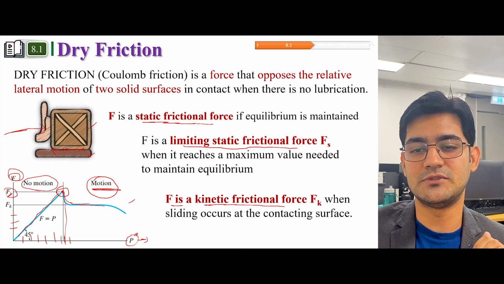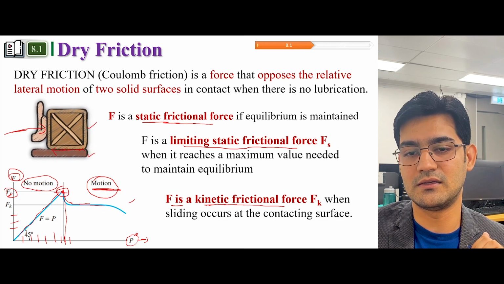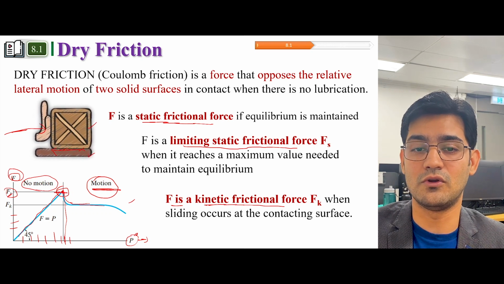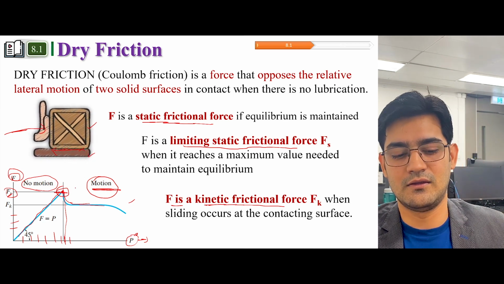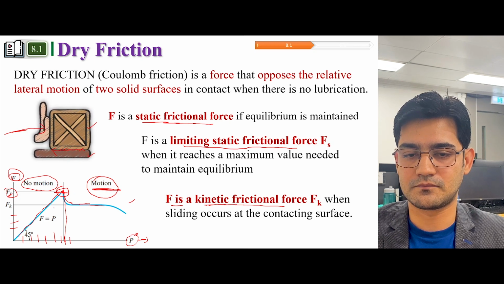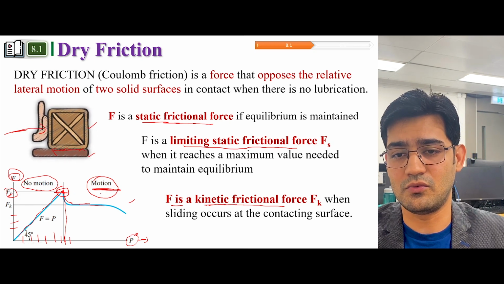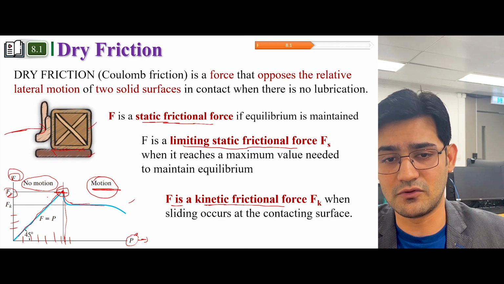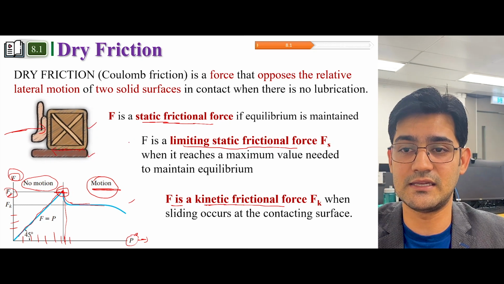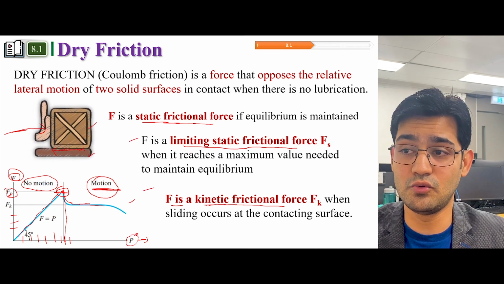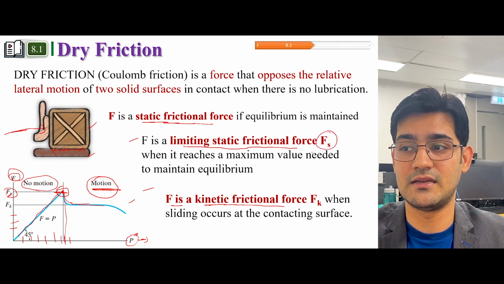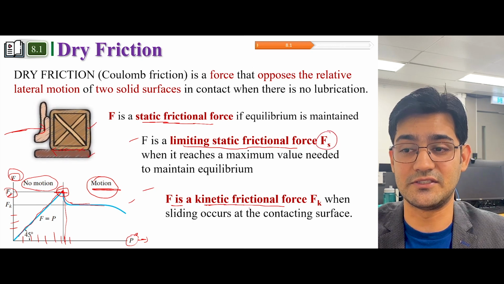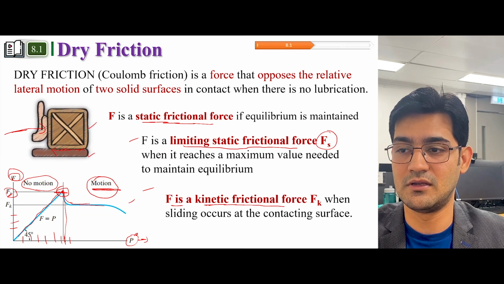But once the object is in motion, you don't need that much load. But that's how you calculate the static frictional forces. And in this slide, we have determined there are two types of frictional forces. If an object is at rest, then this is the limiting static frictional force for a maximum load.